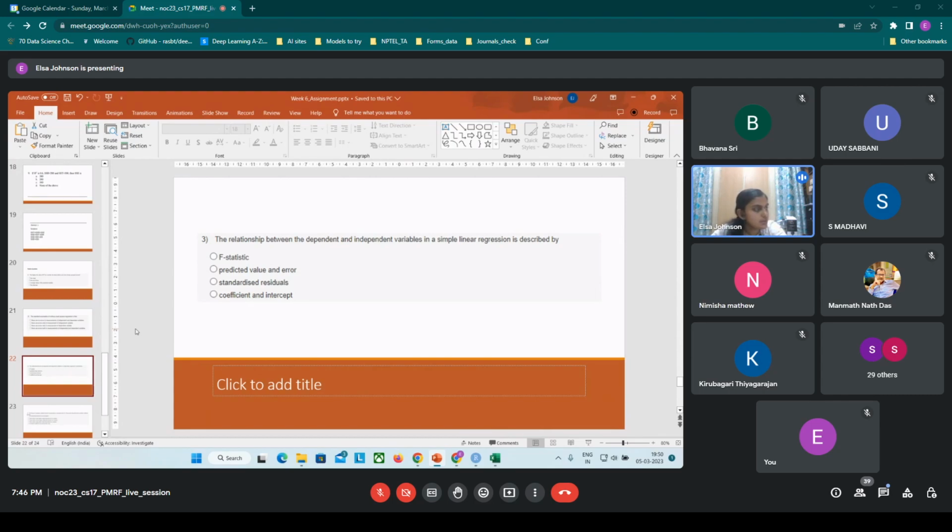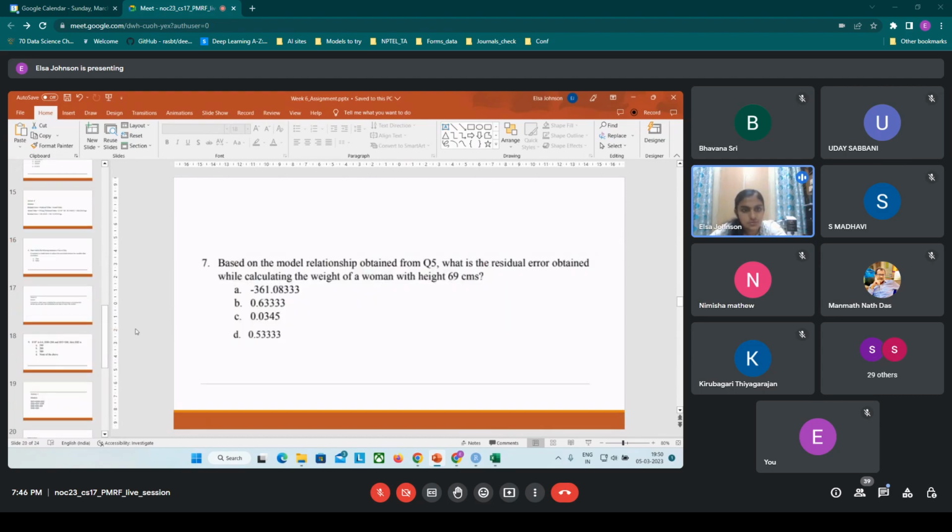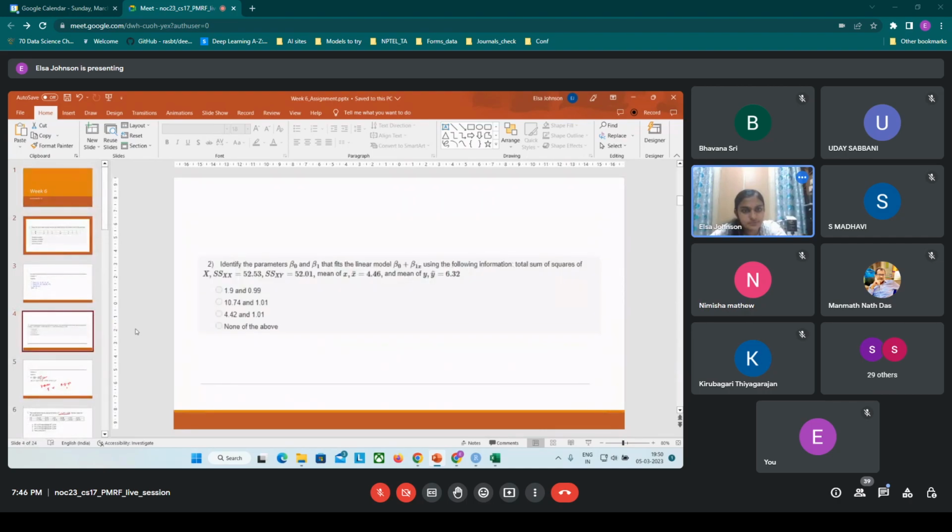This was there as assignment question 2, right? Is this the question? 10th question, identify the parameters. I think it's similar. I think Kavita has posted the question. Is that the question you are looking for?